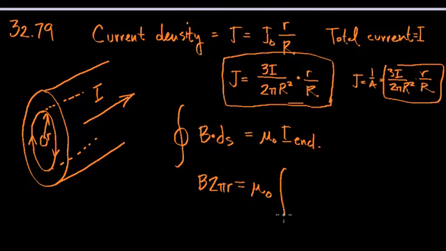So this is the integral from 0 to little r of 3I over 2 pi R squared times r over R, times the area enclosed in there, which is 2 pi r.